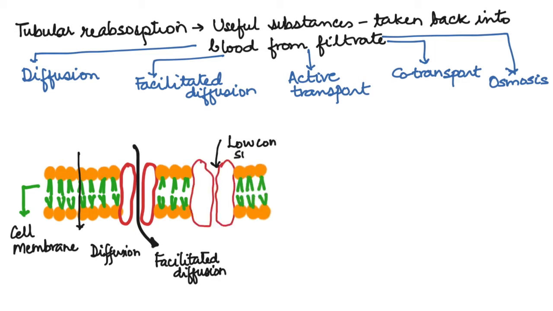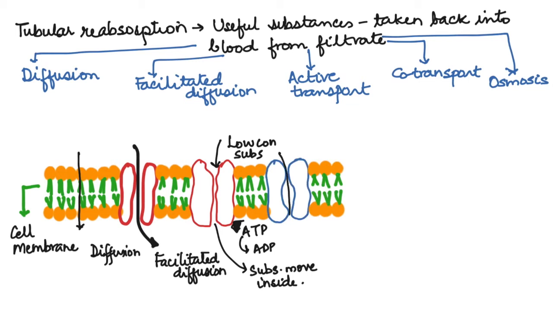The other way is when the substance is in lower concentration and it is still taken up by the cells by spending energy, and that process is what we call active transport. So these substances move from lower concentration and are taken up into the cell. There is the other movement which is called co-transport, where two substances are taken together. So these are the different ways by which the substances are reabsorbed.